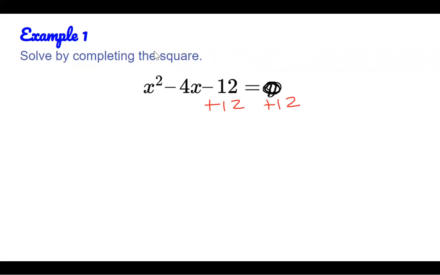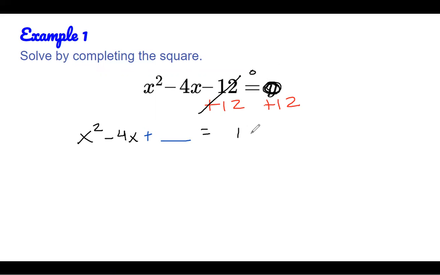Next, I'm going to go ahead and rewrite my equation so that it's written in this format. I have x to the power of 2 minus 4x. I'm going to leave an intentional space open here. On one side, I now have it equal to, let's see what my right side is, 12.